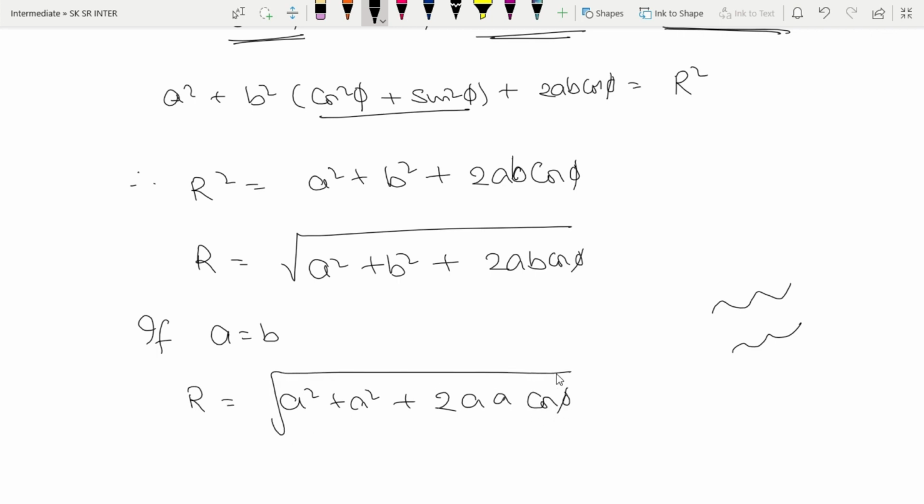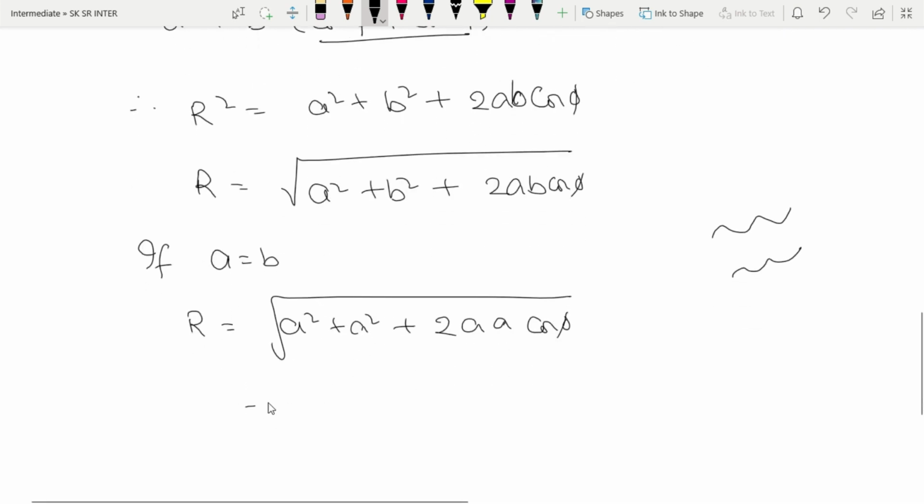Here I will replace b with a. Now this will be root over 2a square plus 2a square cos phi.